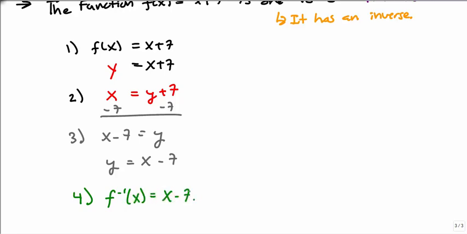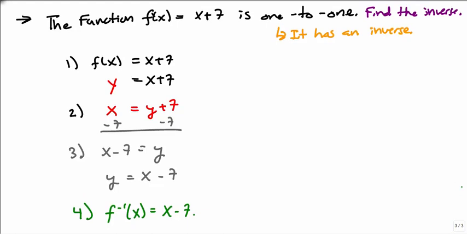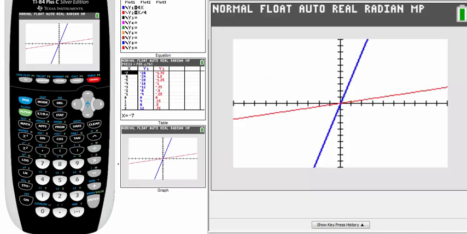So what we've done here is we have found, for the function f of x equals x plus 7, we've just determined that the inverse is equal to x minus 7. Now let's go ahead and see what this looks like graphically. And again, we're trying to graph x plus 7 and x minus 7.